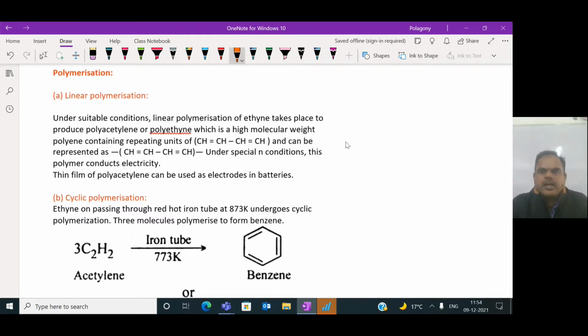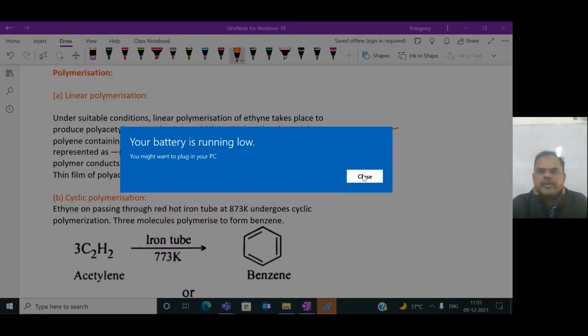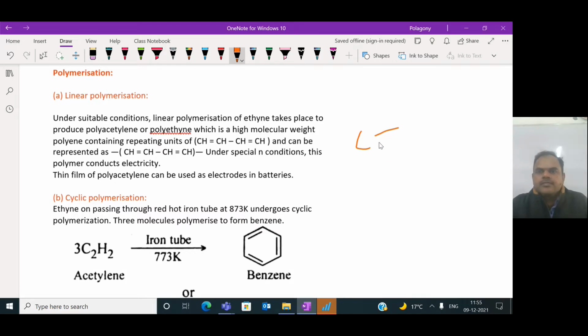If you take the ethyne molecule, consisting of a triple covalent bond, when these molecules are subjected to polymerization, the pi bond electrons are used to link the small molecules to form a long chain of molecules.